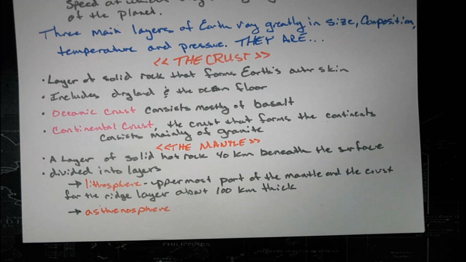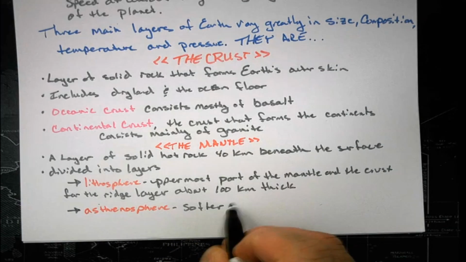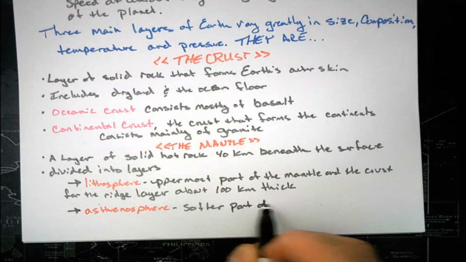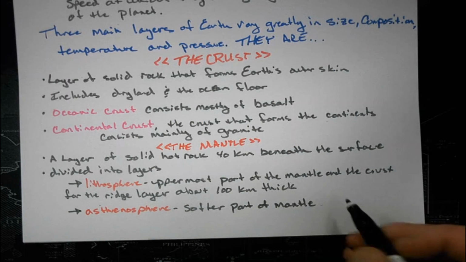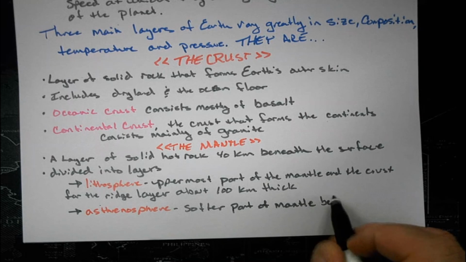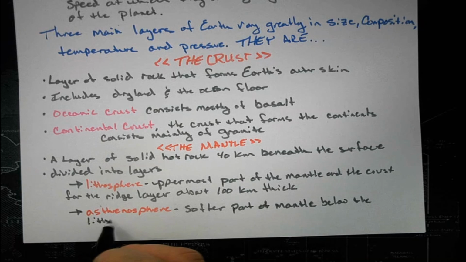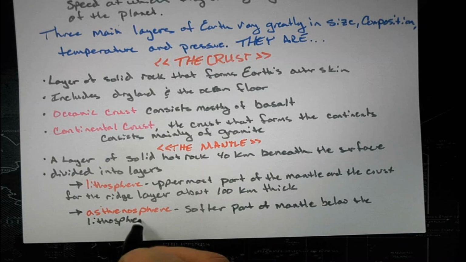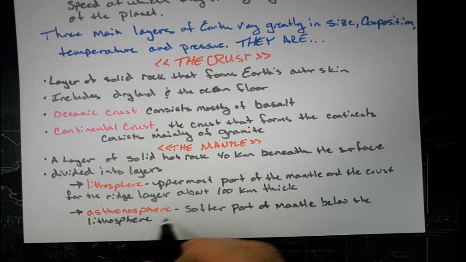The asthenosphere is the softer part of the mantle below the lithosphere, which is hotter and under increased pressure.